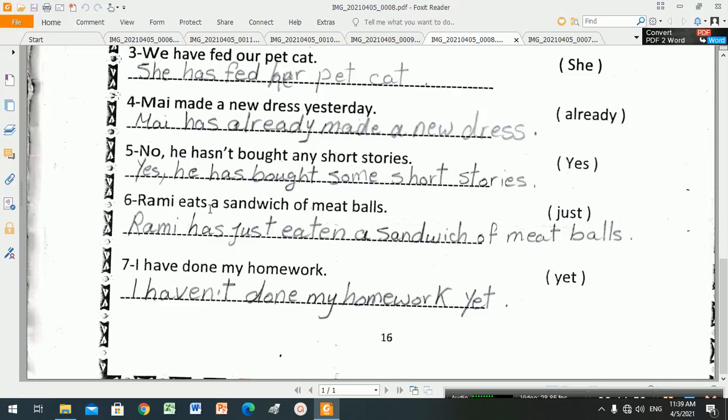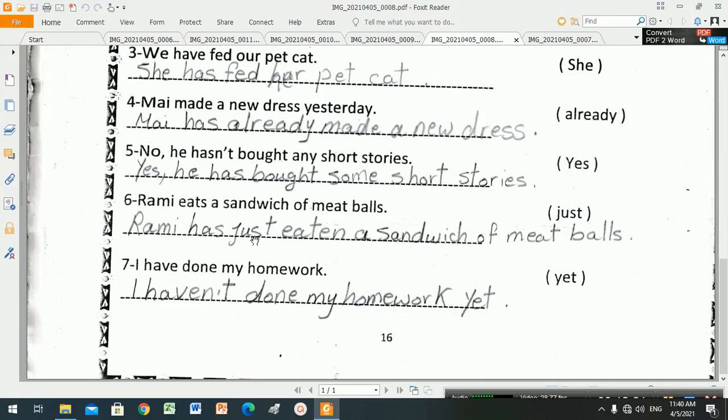Number 6. Rami eats a sandwich of meatballs, and here between brackets just. So the sentence will be Rami. Here just comes with present perfect tense, and what should we use with present perfect tense? Of course, has or have. So Rami has, and after has we put just.